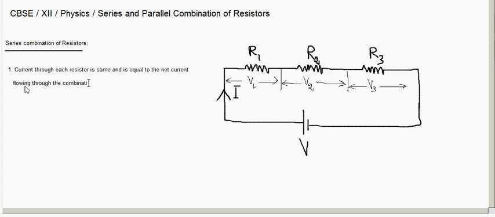In our circuit the total current is I. So the current through R1, R2, R3 are all equal and equal to I.